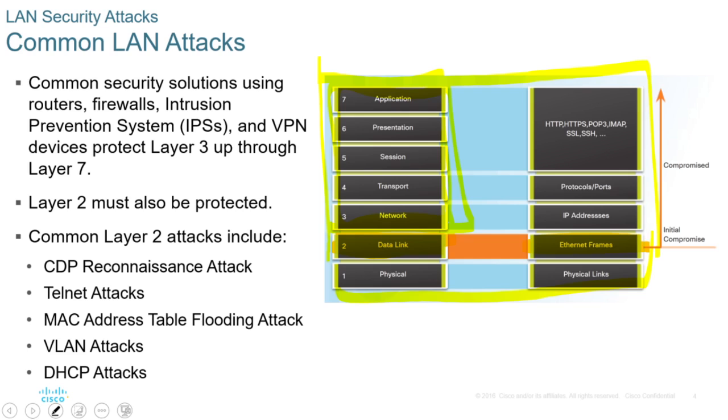Things like telnet attacks, MAC address table flooding, VLAN attacks, DHCP attacks. We might have briefly touched upon these things when we were talking about each of these topics. Today we will focus on those particular security attacks on those different levels.